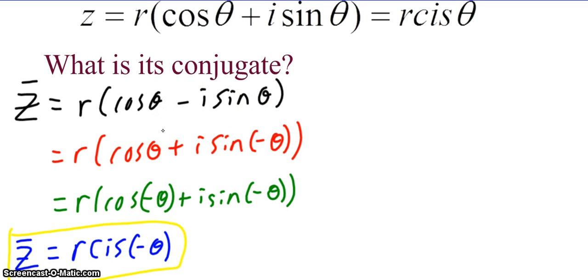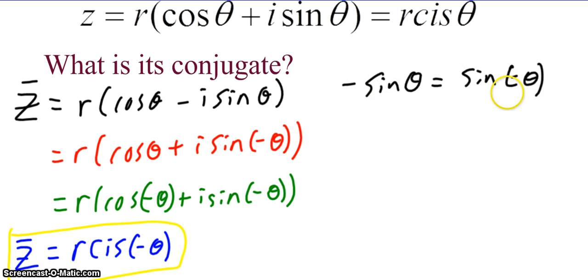Okay, well, with my trig properties, since this is sine, I can take this minus and make it a plus and make this negative theta, because my even-odd identity tells me that negative sine of theta equals sine of negative theta.